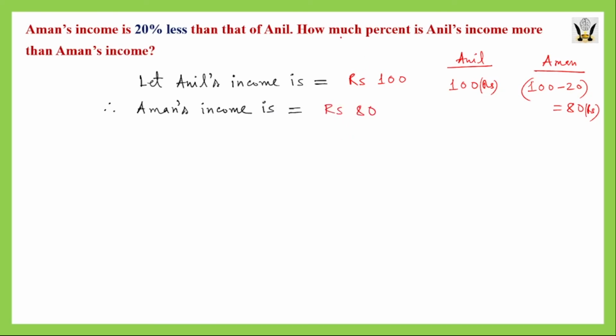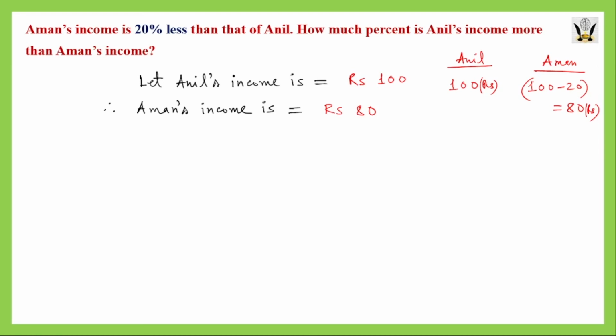Now we have to find how much percent Anil's income is more than Aman's income. Initially, in the first statement, it was given that Aman's income is 20% less than Anil's income. So the base value was Anil's income, and with respect to that we found Aman's income. Now we have to find how much Anil's income is more than Aman's income.